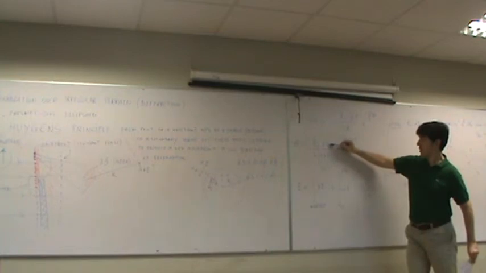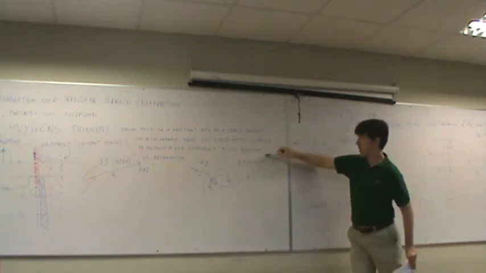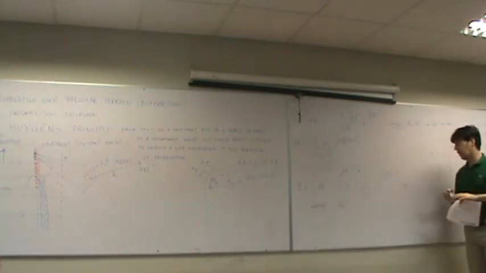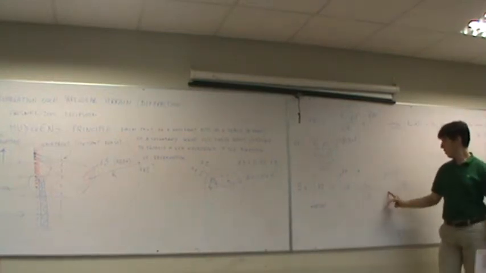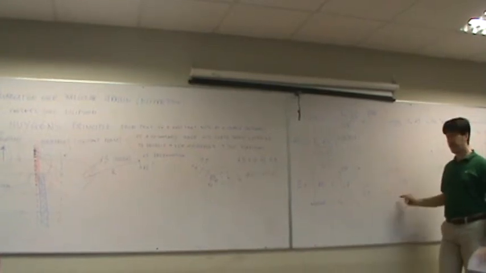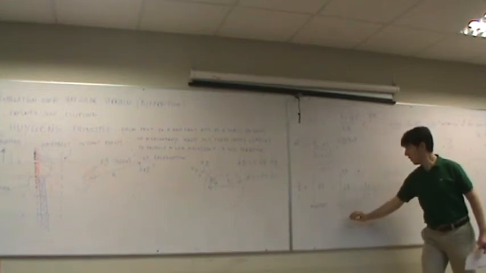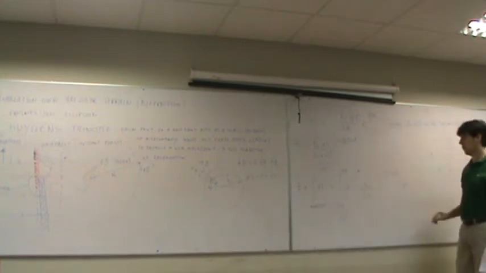I just replaced in this equation dS with its definition in polar coordinates. And we have to calculate this integral. Now, the first part is easy because there is no dependence whatsoever on phi. That was the easy part.